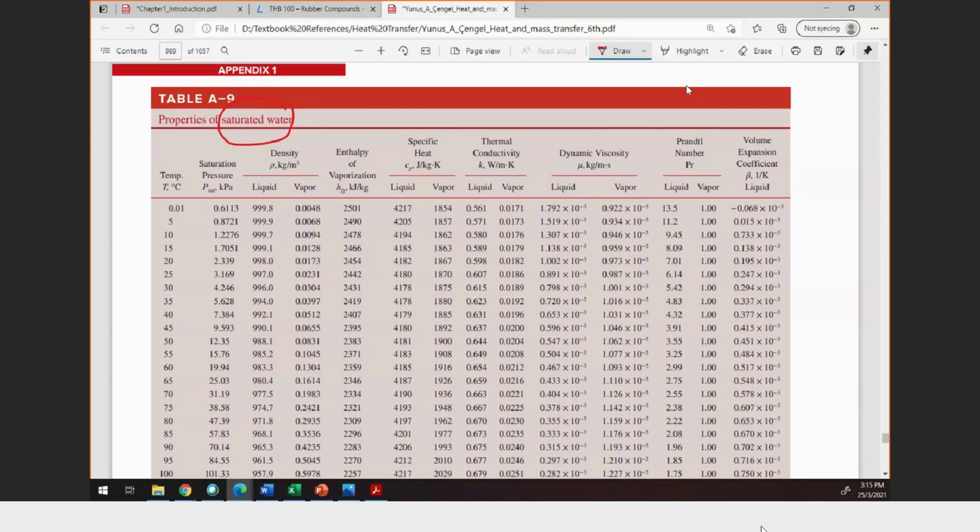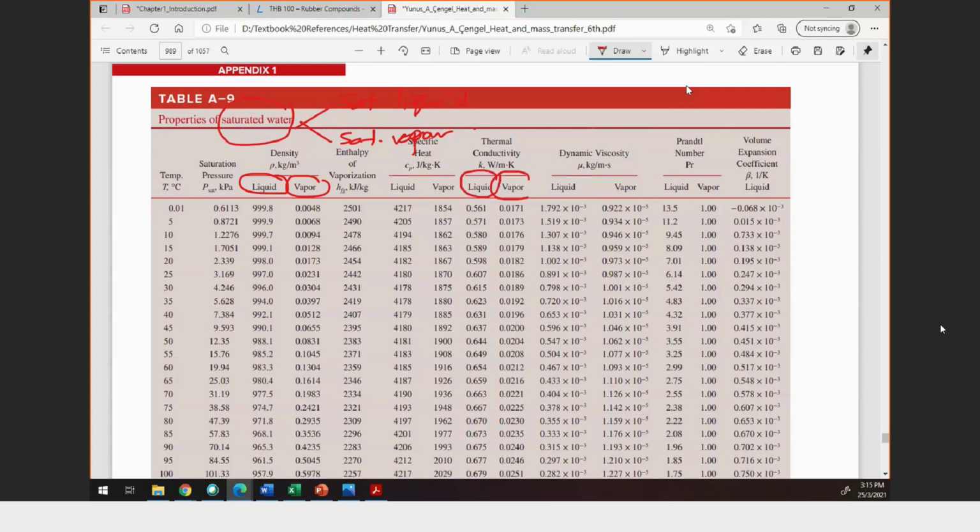Probably whether it's a saturated liquid or probably it is a saturated vapor. So here you have a saturated liquid and you have saturated vapor. You can see here for the liquid you have the K value.